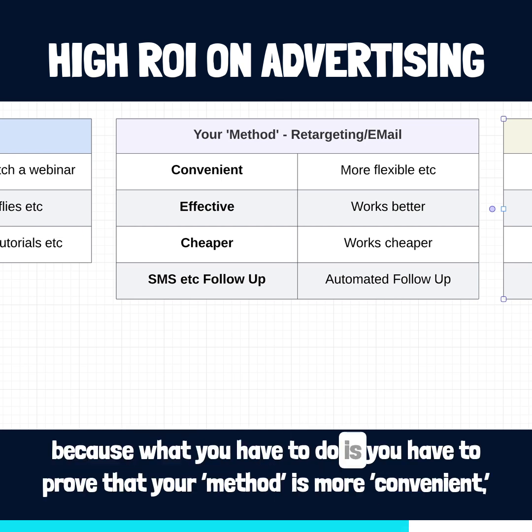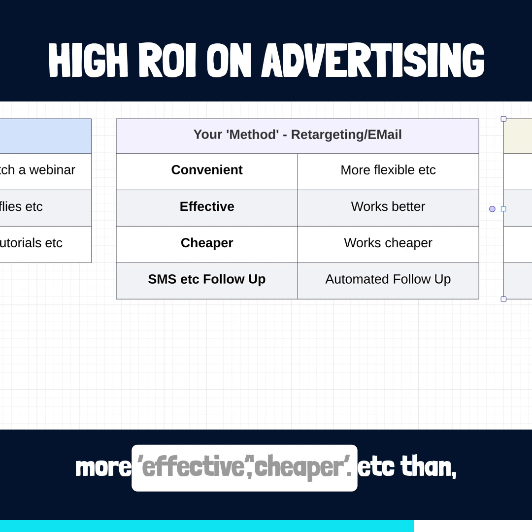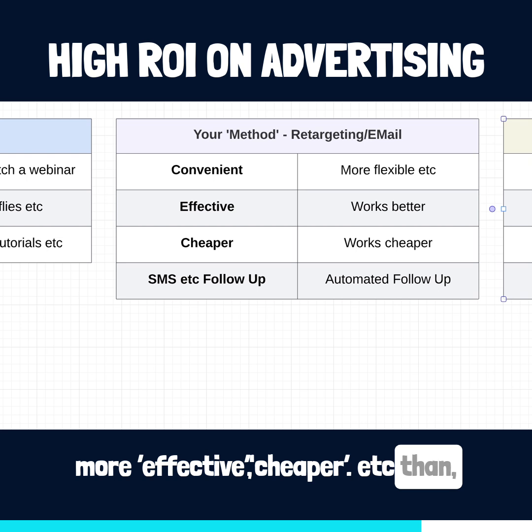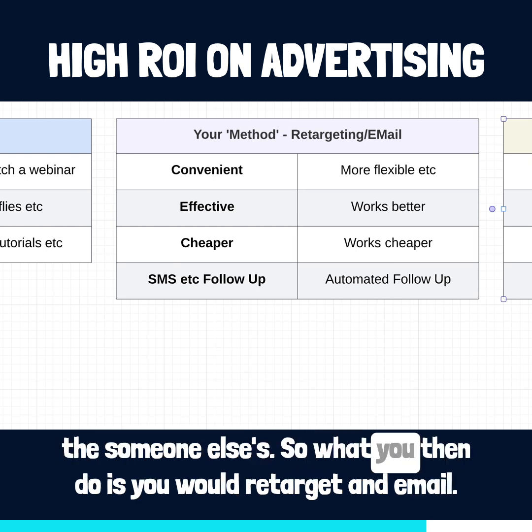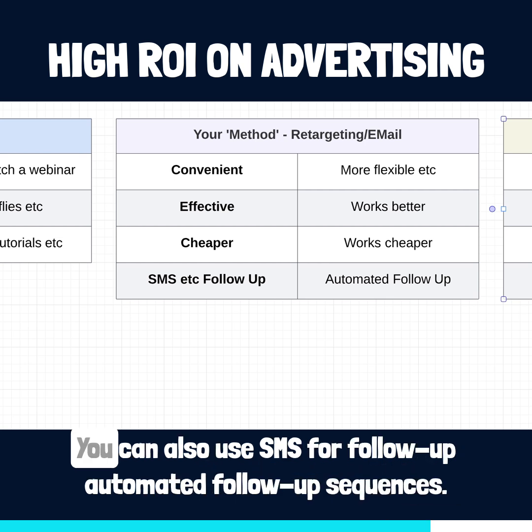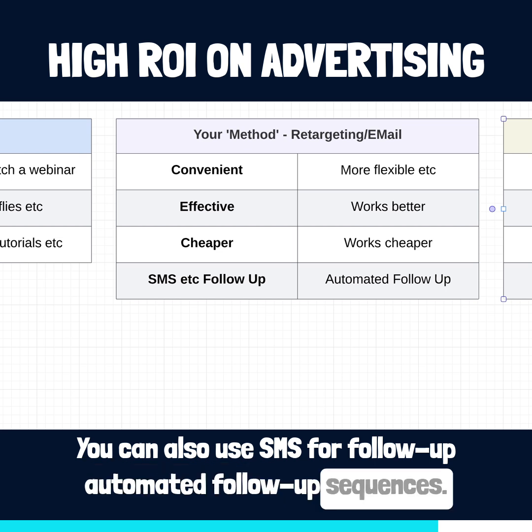Because what you have to do is you have to prove that your method is more convenient, more effective, cheaper, etc. than someone else's. So what you then do is you would retarget via retargeting and email. You can also use SMS for follow-up, automated follow-up sequences.